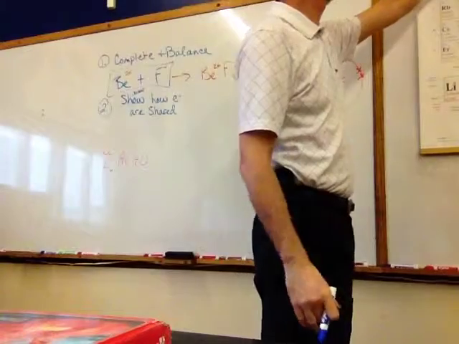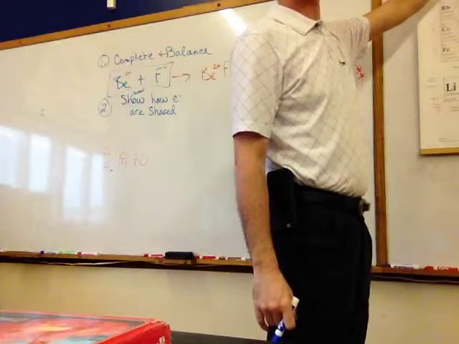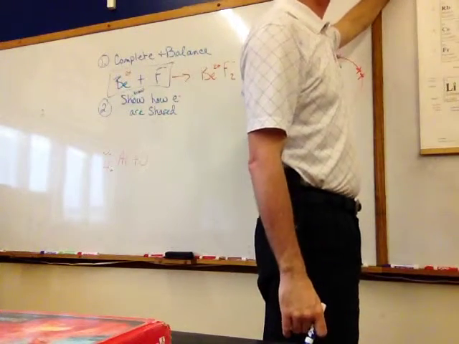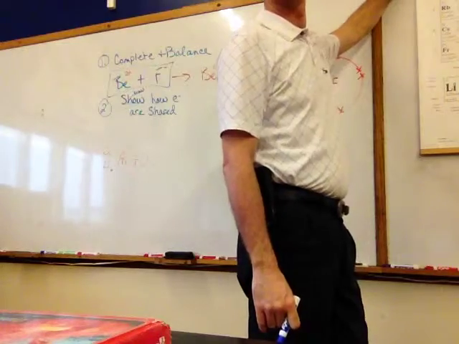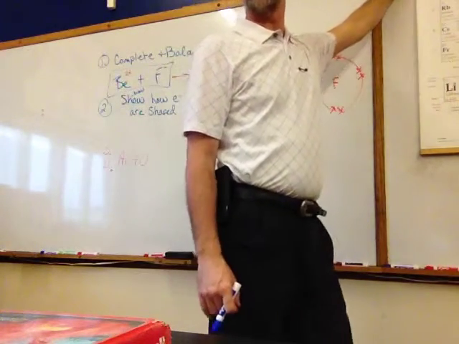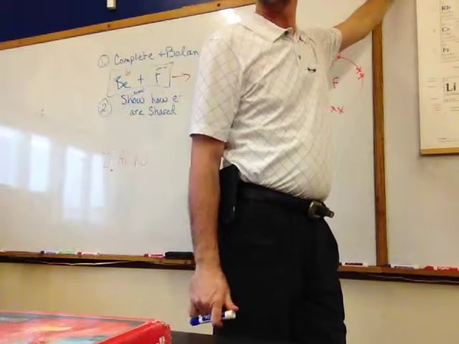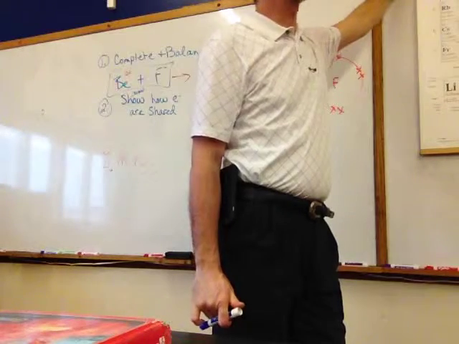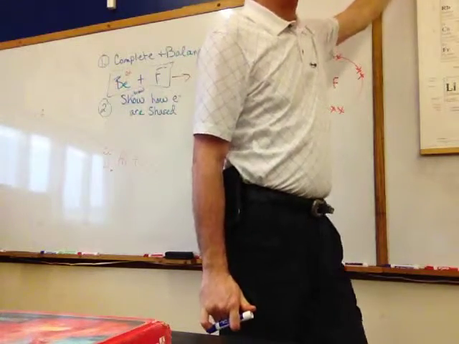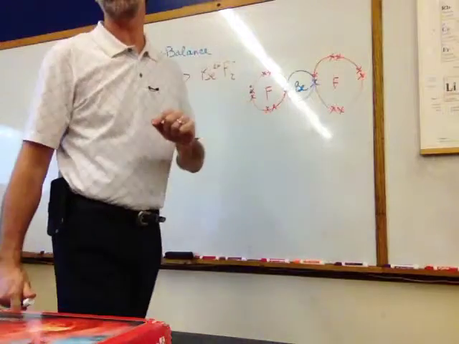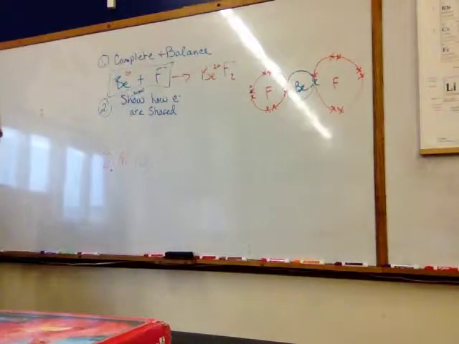When you go to beryllium, you should be able to see that it has 2 electrons in its second energy level. Those are called what? Valence electrons. Valence electrons are electrons that are available to be given away or taken away in a chemical reaction.